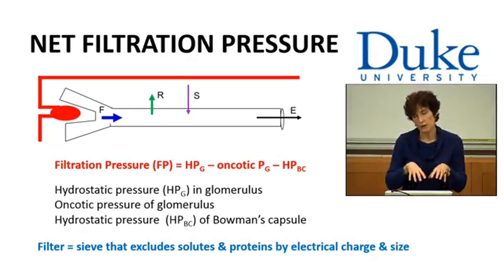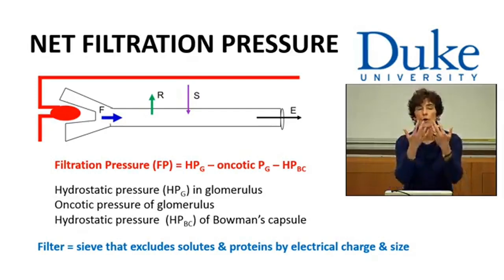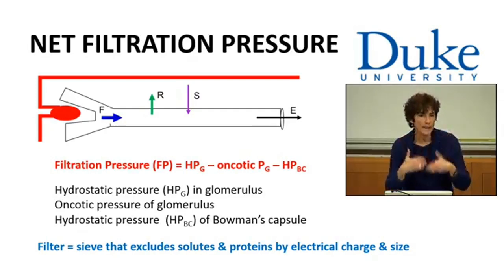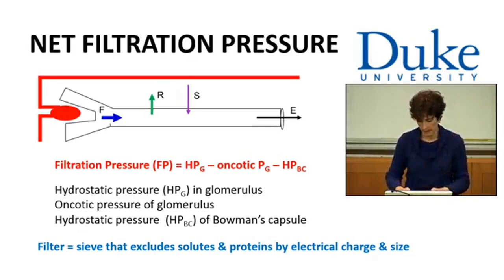And the same thing is occurring here. So the same forces, the hydrostatic force of the glomerulus, minus the oncotic force of the blood within the glomerulus, that's holding the water or moving the water back into the capillary space, are the two forces that we have to deal with.